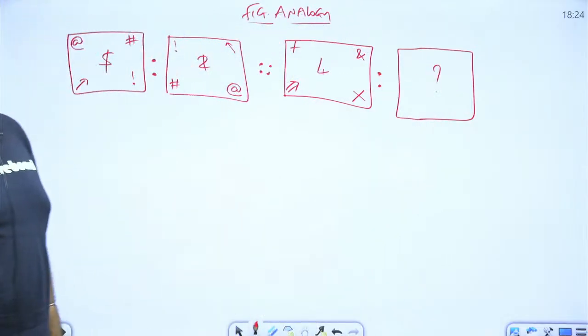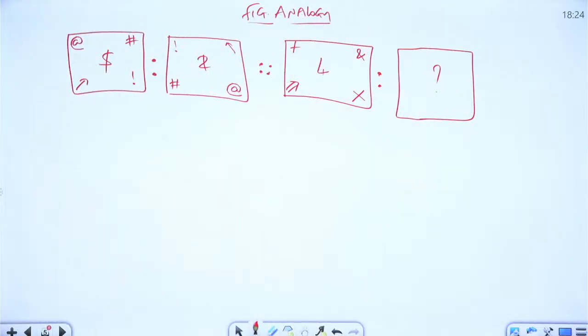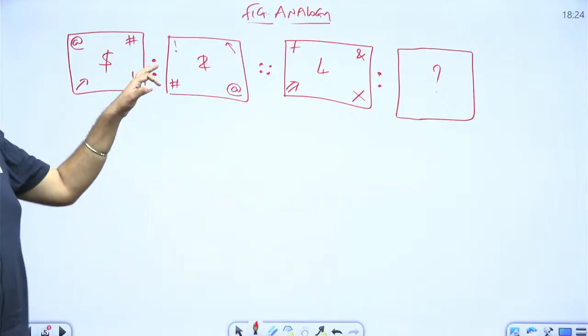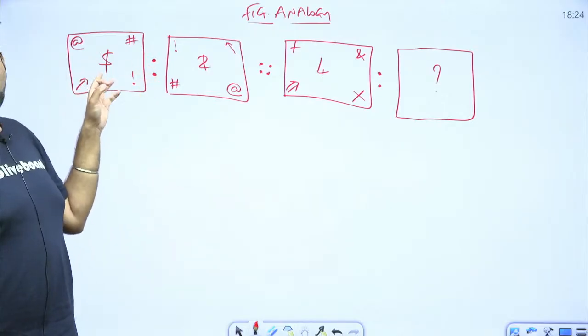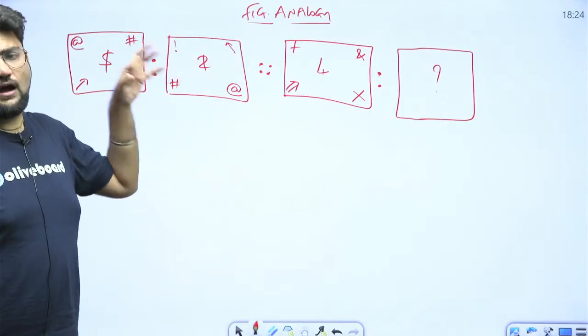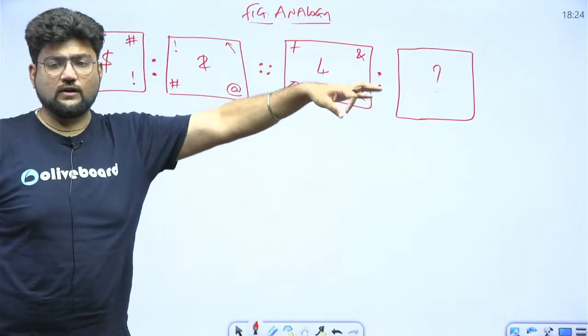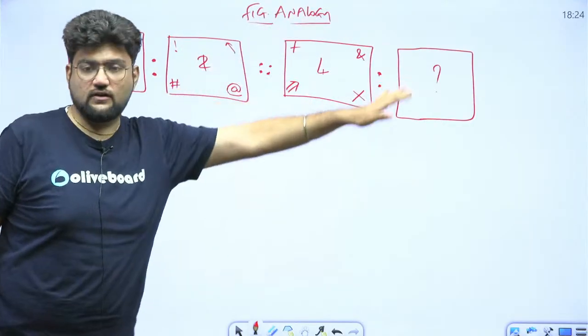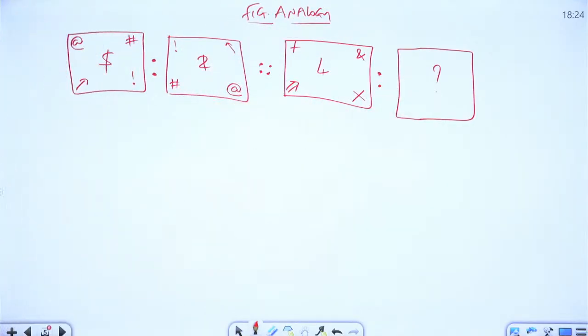This is how they'll ask you a question. Okay, so it's very clear. They'll use the same colon sign here. If the first figure is related to the second figure in a certain way, how is the third figure related to the fourth figure, or the third figure is related to which of the following figures from the options? So you will choose. I am not showing you the options here.